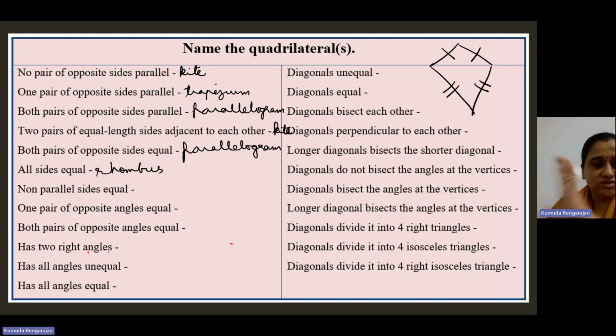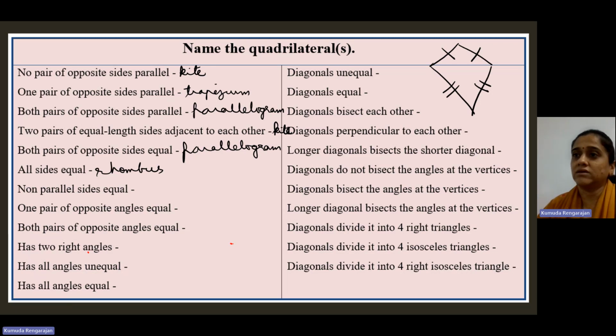But with just this feature, all sides are equal, you can safely say it's a rhombus. You should try to understand what I'm trying to say. It's a very safe answer because you know many other quadrilaterals now. All sides equal, the safest answer is rhombus.